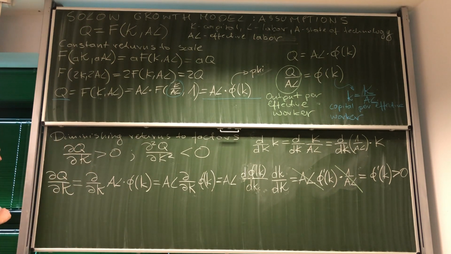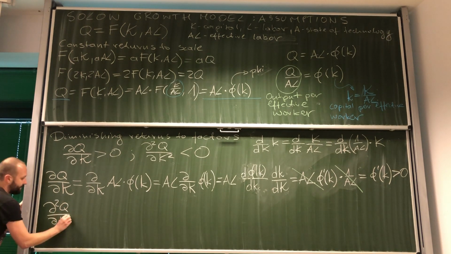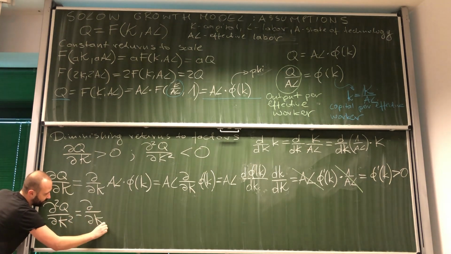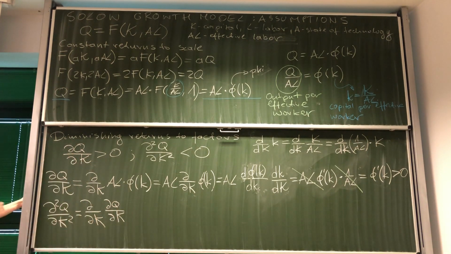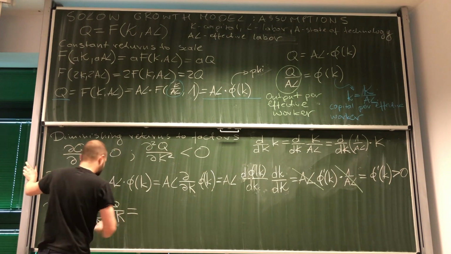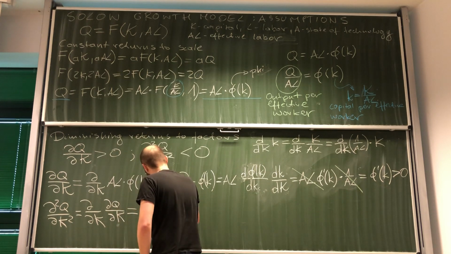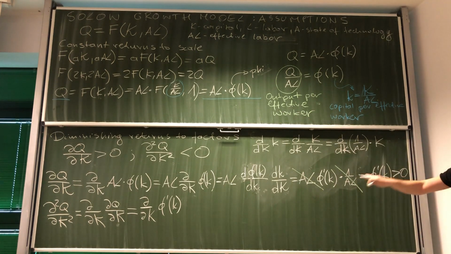Okay, so now let's move on to the second derivative, where we will use the tricks we've been using over here. So what we have now is to calculate second derivative of Q with respect to K, right? So we need to differentiate with respect to capital first derivative of Q with respect to capital. But we've already calculated this one, right? This one is equal to phi prime of capital per effective worker, right?